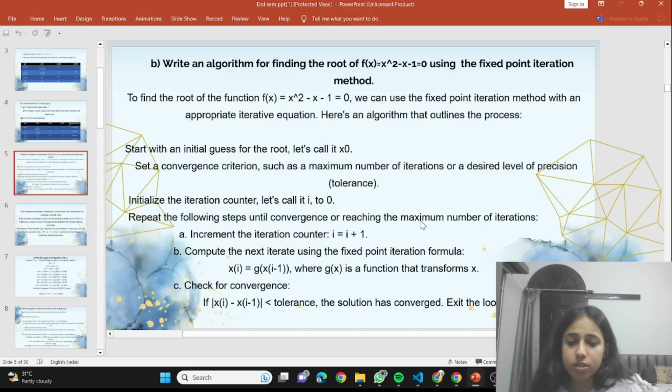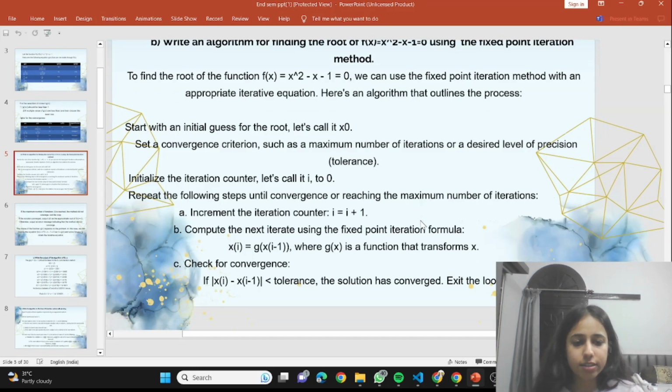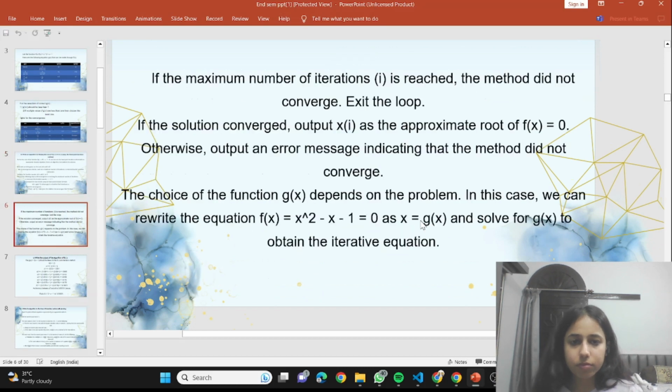Check for convergence: if mod of xi minus x(i-1) is less than tolerance, the solution has converged. Exit the loop. If the maximum number of iterations is reached, the method did not converge. Exit the loop. If the solution converged, output xi as the approximate root of f(x) is equal to 0. Otherwise, output an error message indicating that the method did not converge.